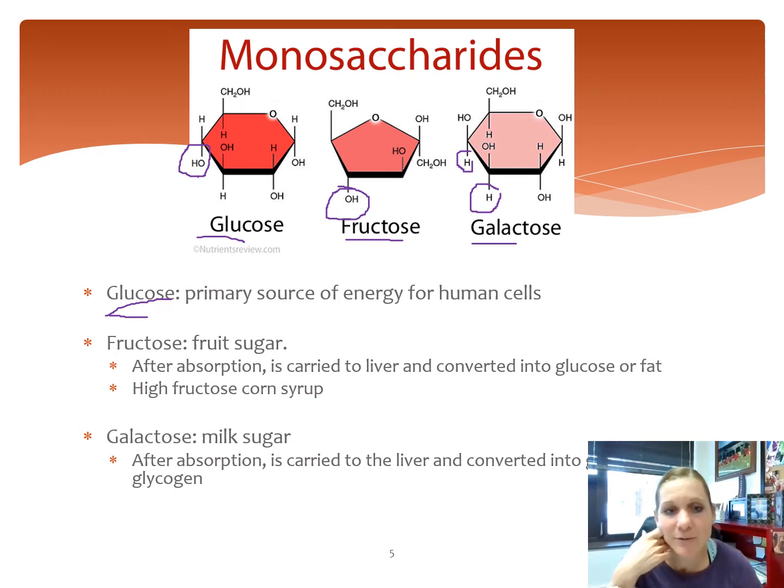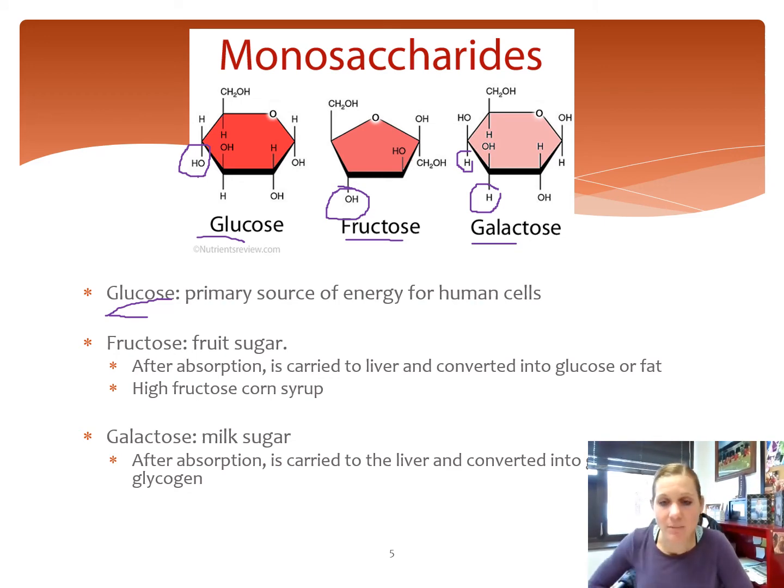After fructose is absorbed, it's carried to the liver and converted into glucose, or if we consume a lot of it, it can be converted into fat as well. In addition to being found in fruits, we can also find it in processed items such as high fructose corn syrup and some of those more processed types of sugars.